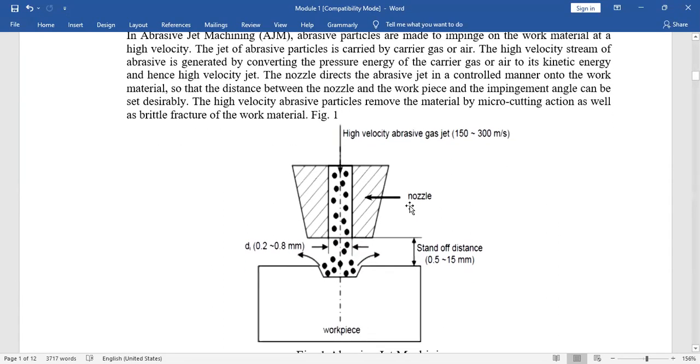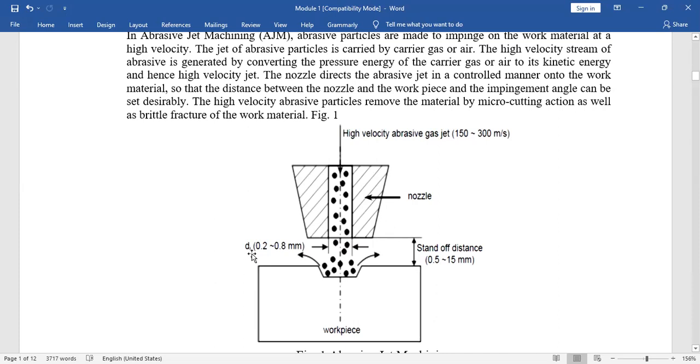You can see that there are some parameters. The high velocity abrasive jet is in the range from 150 to 300 meter per second, so very high velocity is generated. This is the nozzle tip, and from the nozzle tip the abrasive particles with the high velocity jet of air come out.